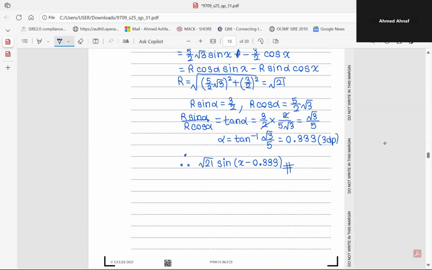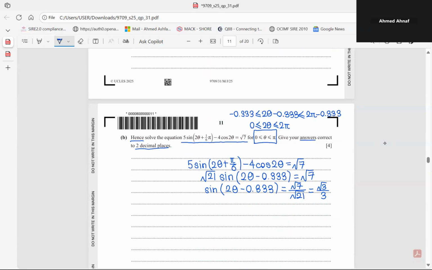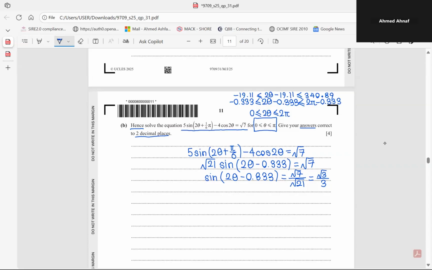Tangent inverse of 3√3 over 5 in degrees is 19.11, so this would be −19.11 < 2θ − 0.333 < 360 − 19.11, which is 340.89. So this is our range in degrees.